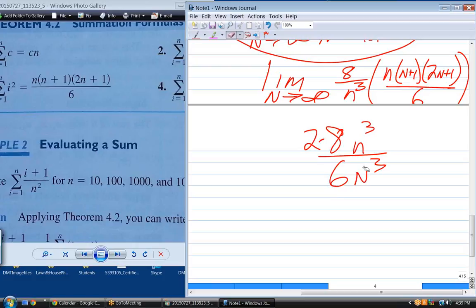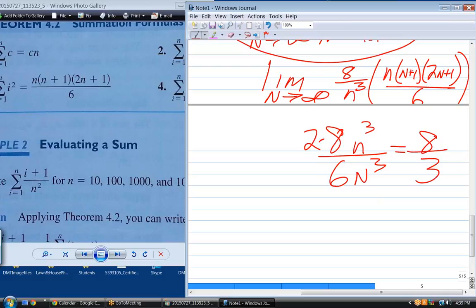So this term here, which I produced by multiplying that times that times that, gives me 16 over 6, or 8/3. Now the 2 came from the 2n plus 1 there? Yeah. Okay.